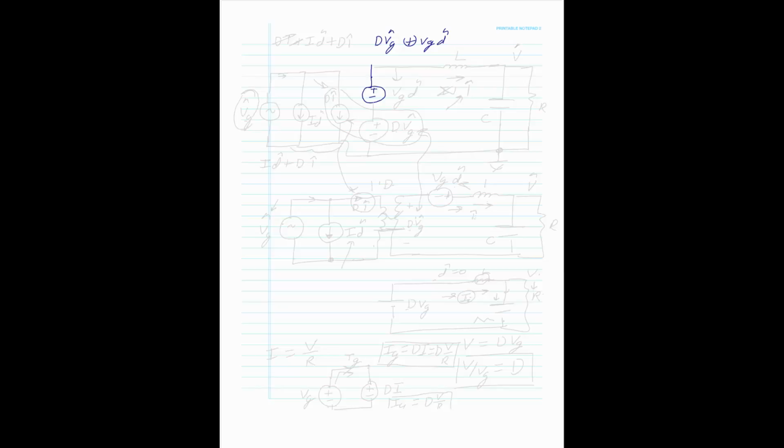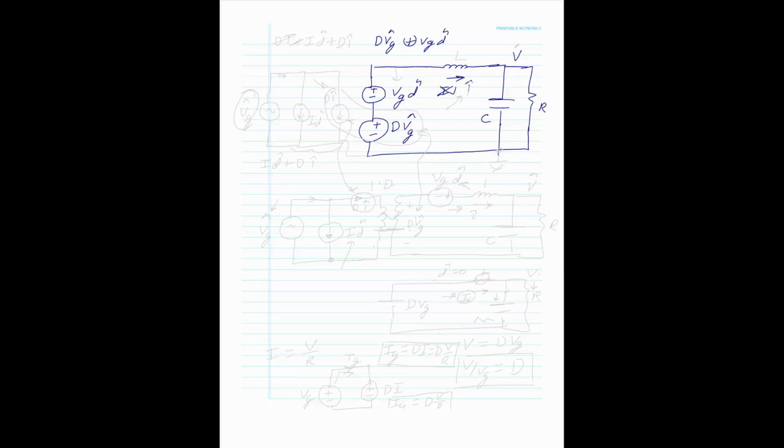We have this term here, which is VG D hat, and we have this term here, which is D VG hat. That goes to the low pass filter, where that current is I. Now, remember, AC only, it's just I hat. And the output, AC only, is V hat. So that's our output section here.